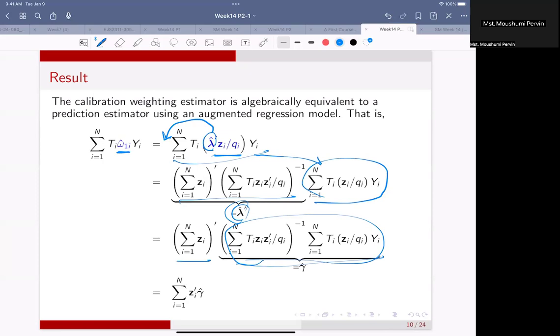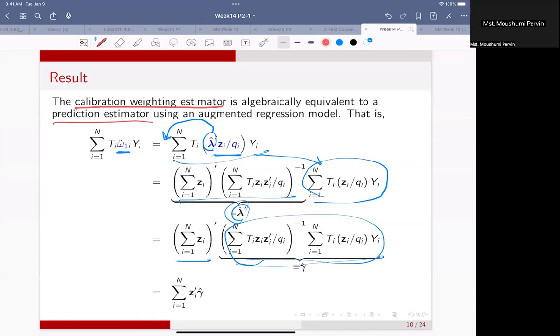So this is fundamentally important. We've been using this many times already, but the bottom line is the calibration weighting estimator is algebraically equivalent to a prediction estimator. Here, I didn't use any statistics. I just used matrix algebra. That's it. But the interpretation should be a statistical interpretation.